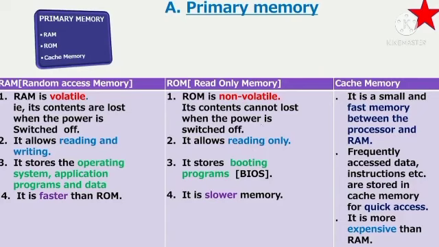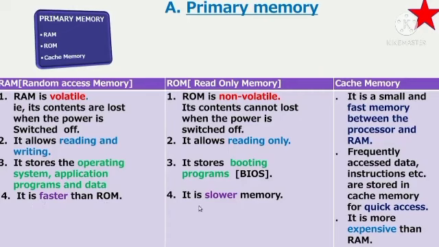That means if you want to run the operating system, there are some programs which are stored in our BIOS chip. That is done in the case of ROM. And next is speed. RAM is faster than ROM. But ROM is a slower memory. Okay, so we have learned the comparison between RAM and ROM.